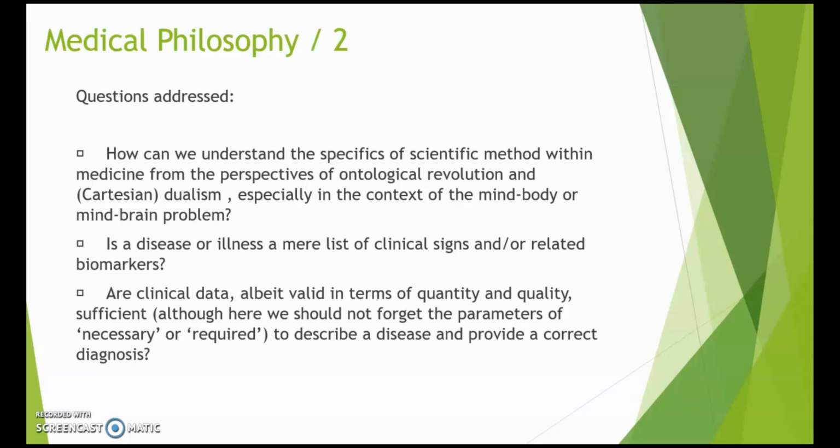Second question, is a disease or illness a mere list of clinical signs and or related biomarkers? Now, of course, we interpret in the medical field a disease or illness as a problem to be solved, a problem to be resolved, a problem to be fixed, something broken that needs to be addressed in order to fix, right? But in a broader sense, especially within traditional medicines, a disease is also a signal.